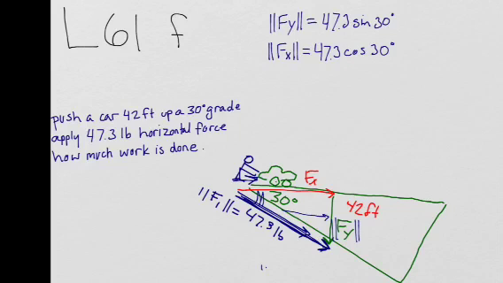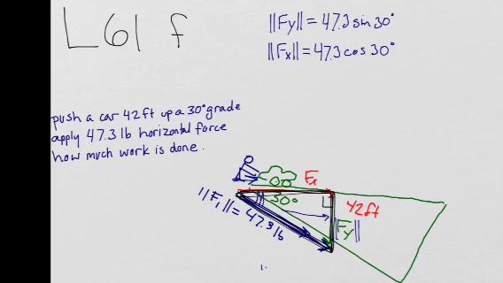And again, we can verify this because there's 30 degrees, this is a right triangle here, and if we want to visualize this as a right triangle, the force in the x direction is the adjacent side, the force in the y direction, going into the hill, or perpendicular to the hill, is the opposite side, and the initial force in the direction that they were pushing, which is horizontal with the ground in reality, remember I tilted it, is the hypotenuse.